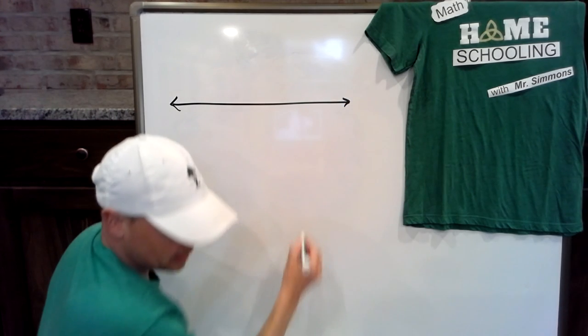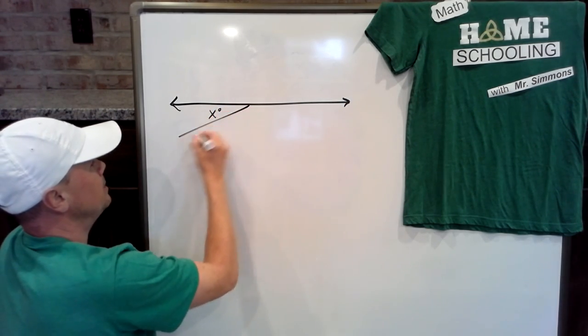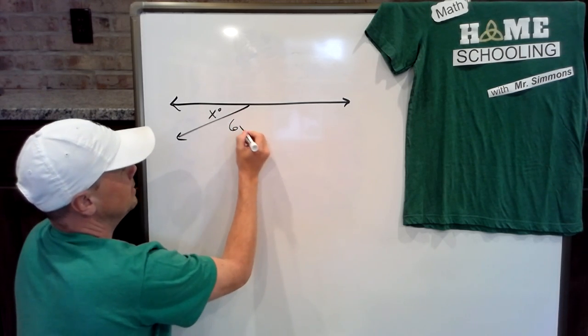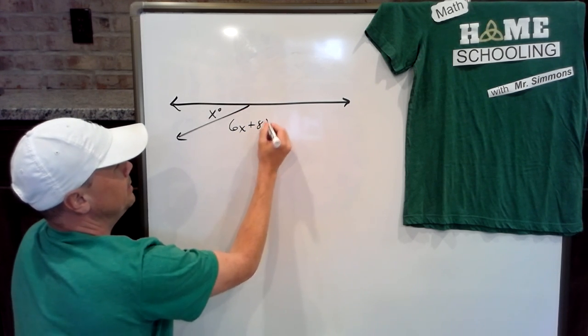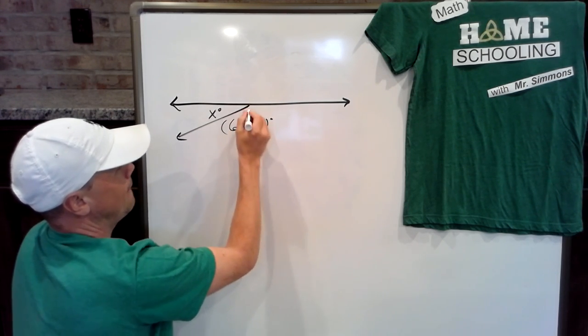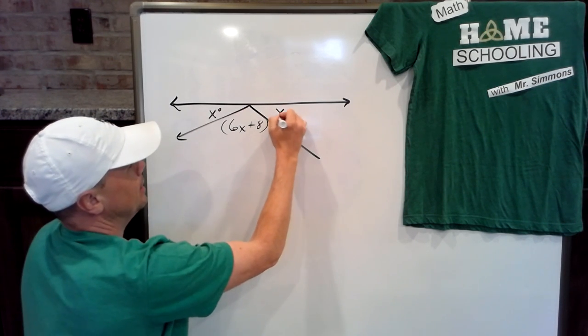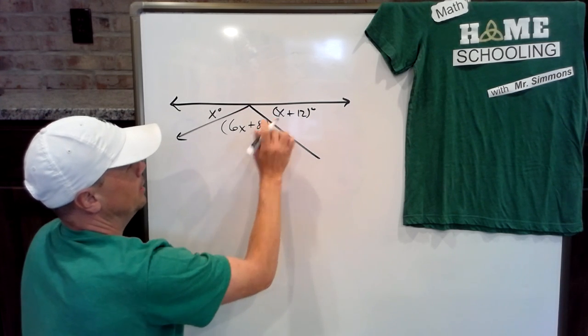Straight across here, and you have x degrees coming this way, so x degrees going that way, and then 6x plus 8 degrees right here, and x plus 12 degrees in there.